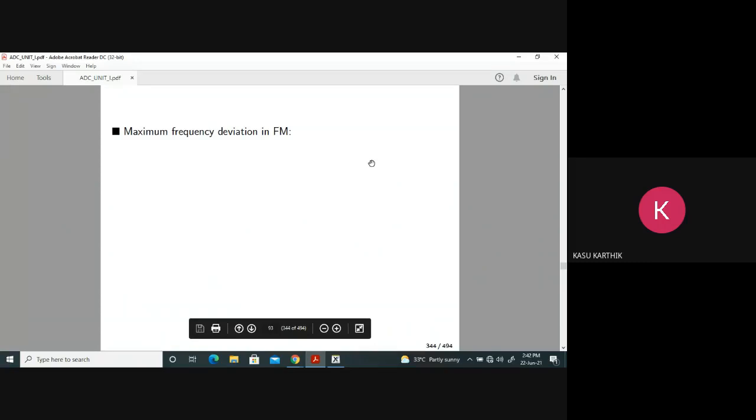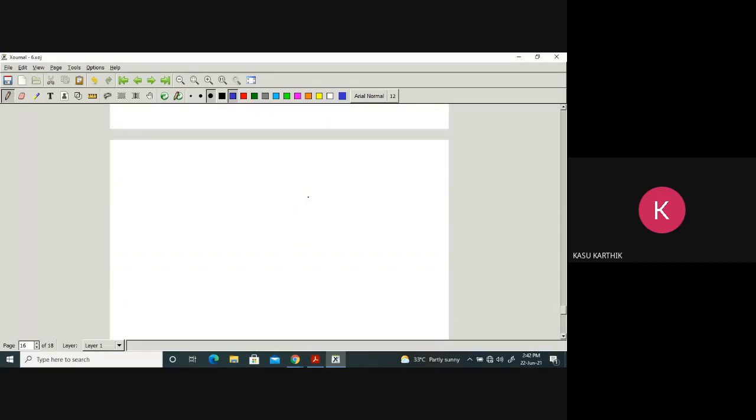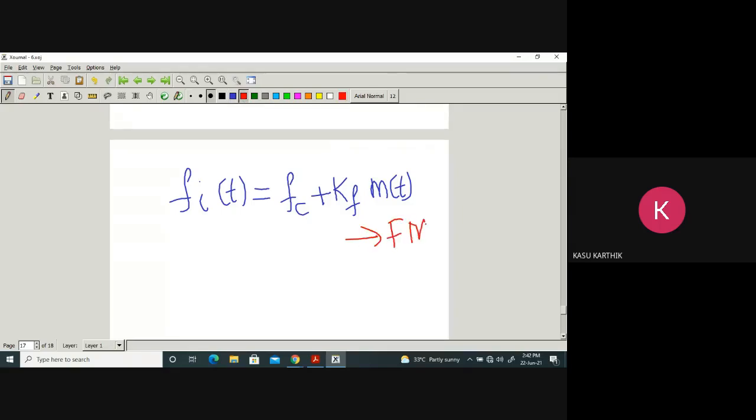Now here, what is actually happening? Let us take the instantaneous frequency fi of t. How are we writing fi of t? fc plus Kf m of t. This is in the case of frequency modulation.